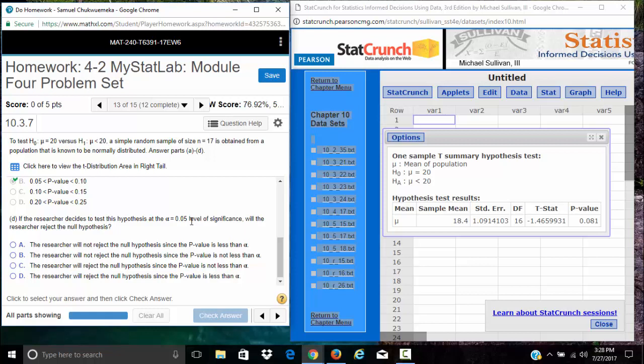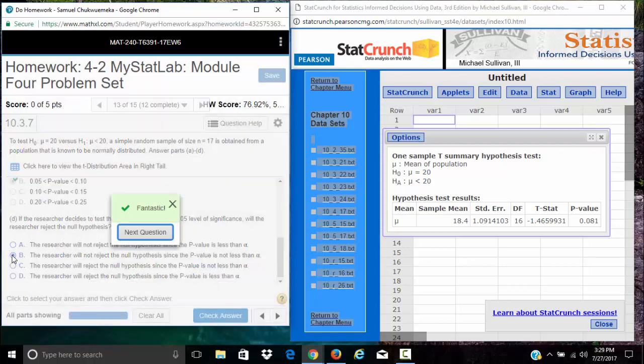So do not reject the null hypothesis. Do not reject it. Okay? Because the p-value is greater. So it's either B or C. So you will not reject the null because the p-value is not less than the level of significance. So that's it, B. Okay.